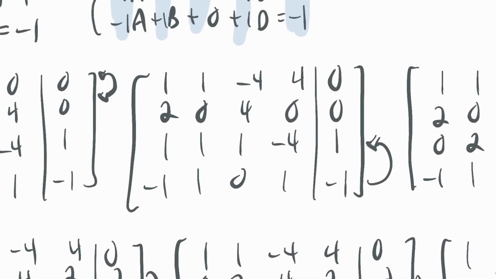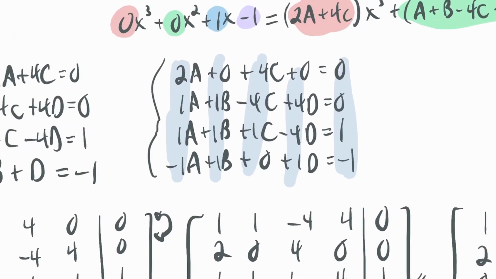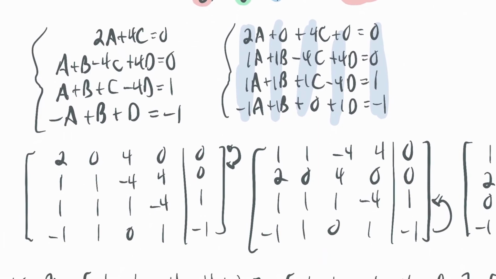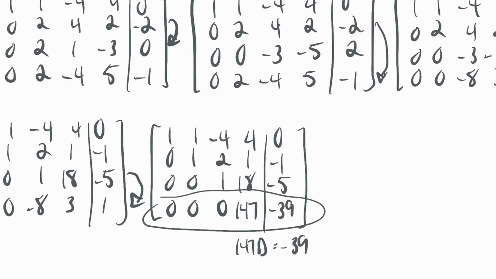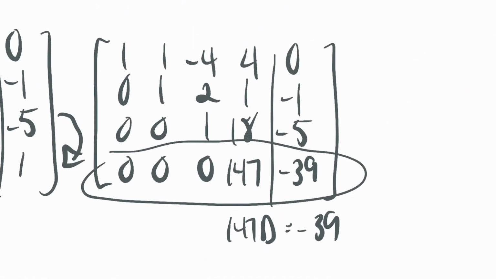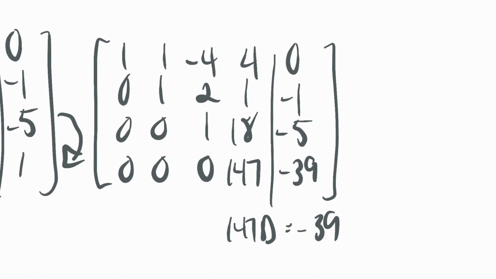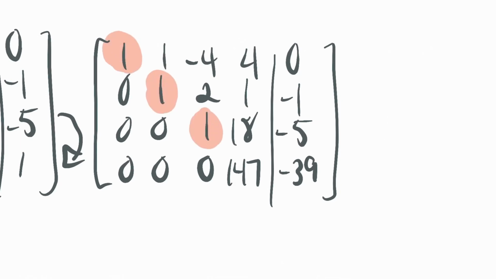So I could have an equation for d, but let's not do that quite yet. This was a pivot, then this, then this. Now this is the pivot.